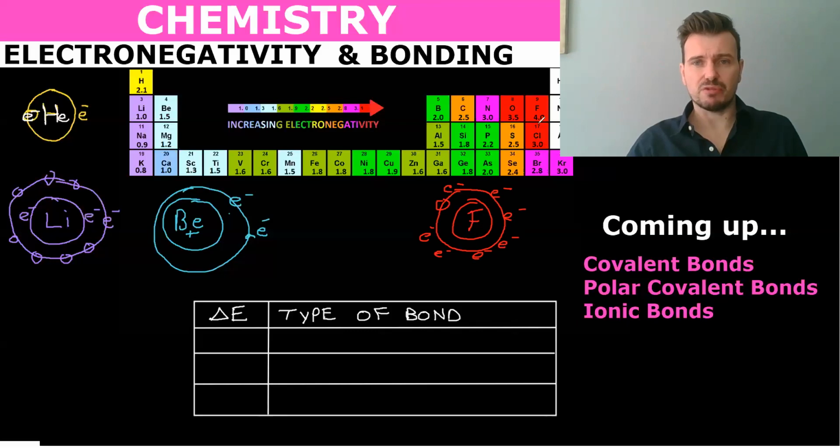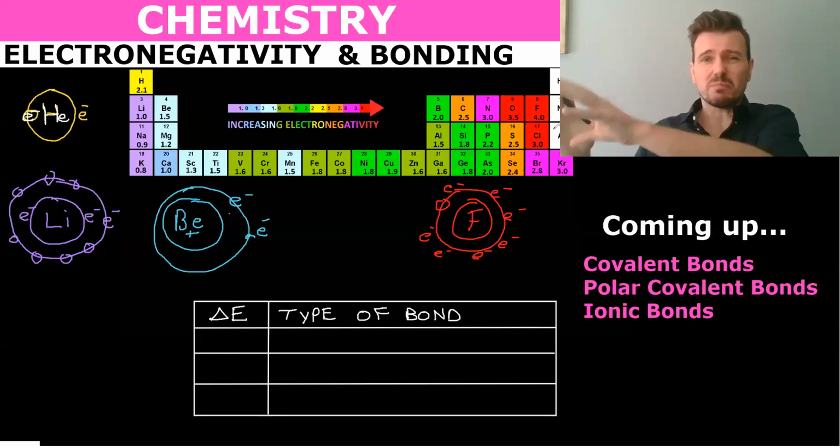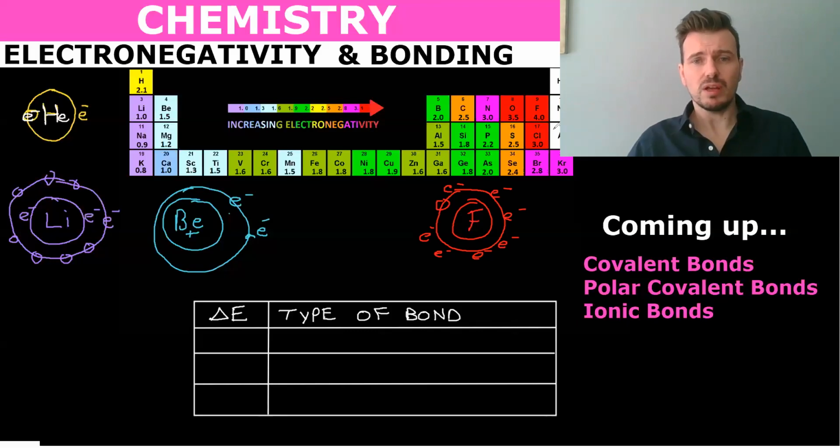We can see there F is the greatest of all of the ones we can see, except for these noble gases. But we don't worry so much about the noble gases and bonding, because they're already happy. So they don't bond with other elements. So the fluorine has high electronegativity. So as we go across the row, the electronegativity increases.